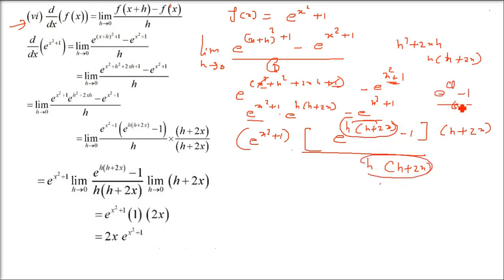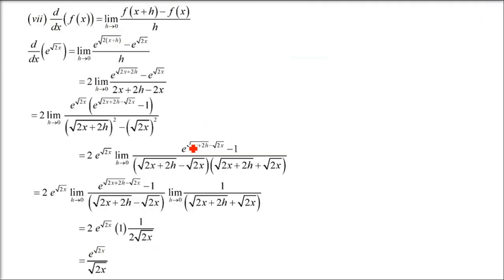So e raise theta minus 1 by theta, limit theta tends to 0, equals 1. So this becomes 1. So e raise x square plus 1 is remaining, and this will remain. What about this? This is going to be 1, and this is h; apply h as 0, only 2x will remain. 2x into e raise x square plus 1, this will come.